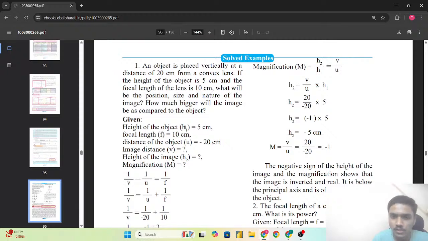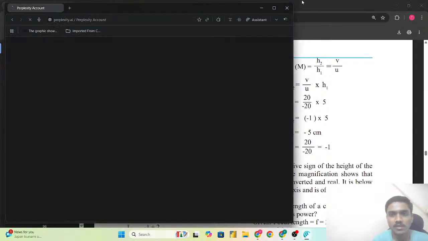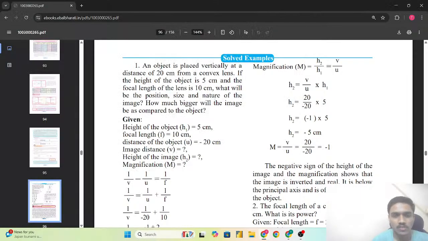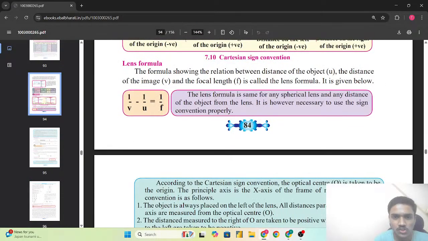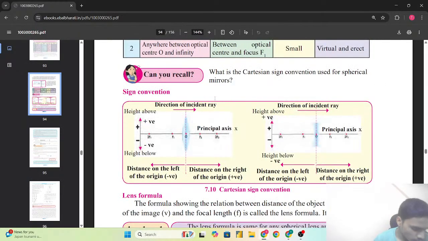Distance of the object u. For solving this numerical we will need the sign convention. As we have studied above, the Cartesian sign convention is necessary for solving lens numericals. Height above the axis is taken as positive, height below is negative.